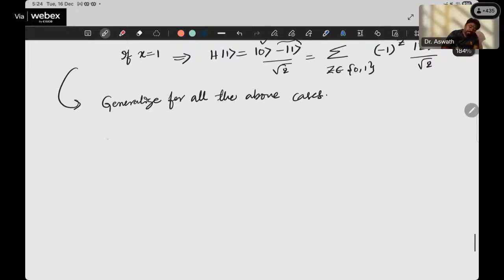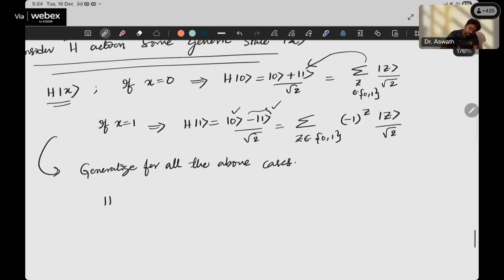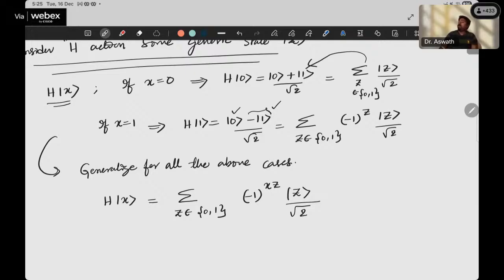If you look carefully, H acting on x could be equal to summation over z belongs to 0 comma 1, and now I'll play a small trick, minus 1 to the power of x into z, z ket divided by square root of 2.